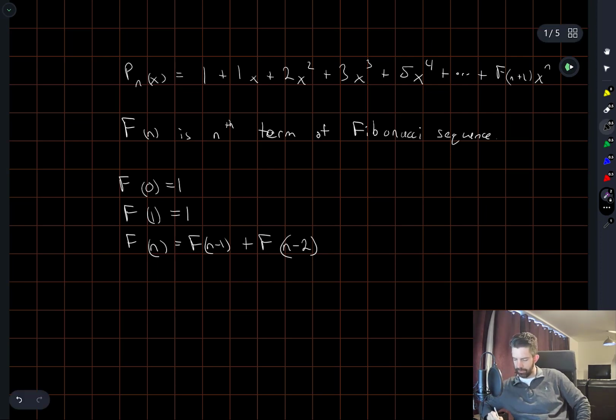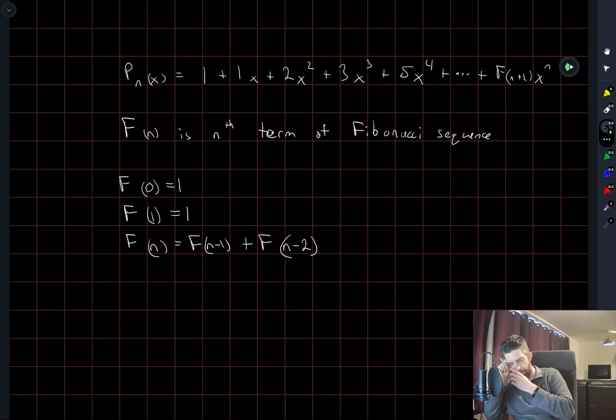Maybe, okay, so if it does have at least one integer solution, then we could factor that term out. And what would be left? Do we know anything about what would be left?